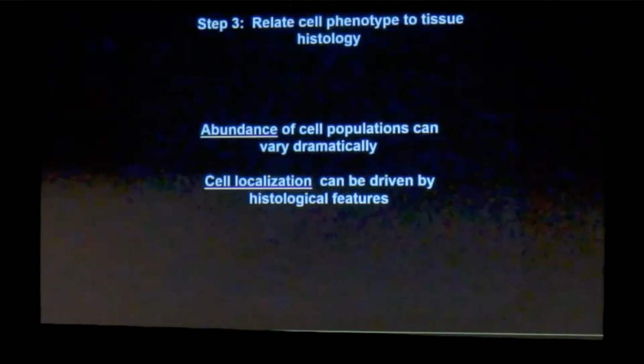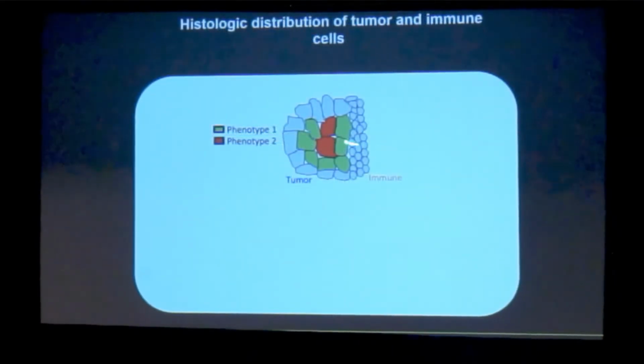So to give you an example of trying to look at the tissue-wide organization of tumor versus immune cells, we want to do a pairwise distance matrix, but we don't just want to do it on the tissue as it exists. We want to compare it to something to have a base reference for what it means.